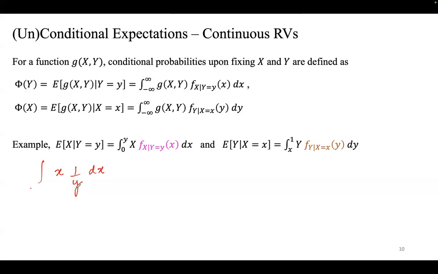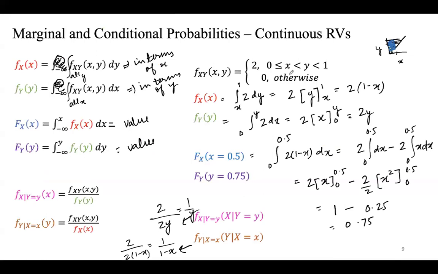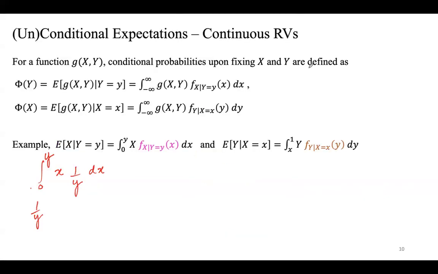Y is not a variable here. Let's say y could be 0.1, y could be 0.5. It could be any value. So whatever that value was, we'll take it out of the integral. And here we are going to integrate it until that value of y, right? If you remember, the lowest value y could take was 0, so it was between 0 up to y.